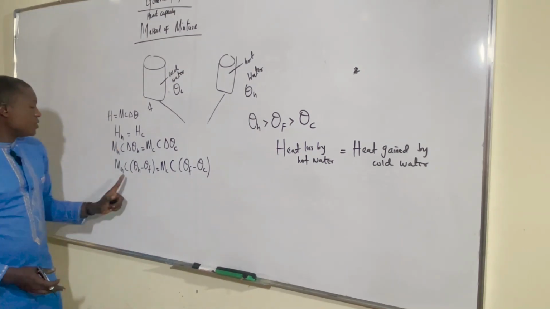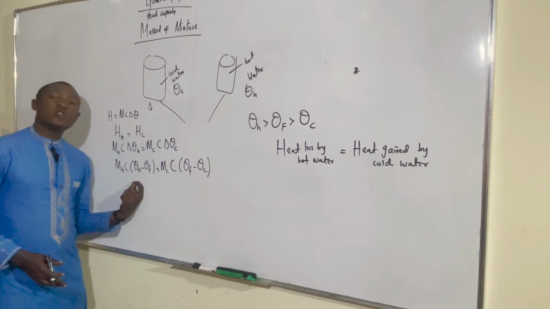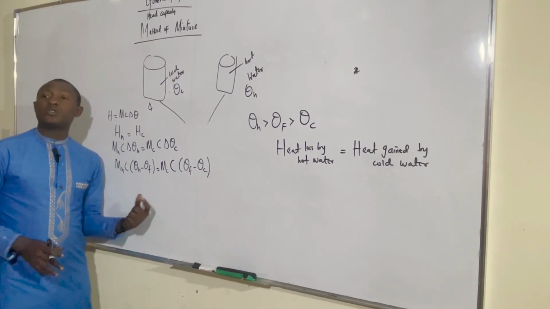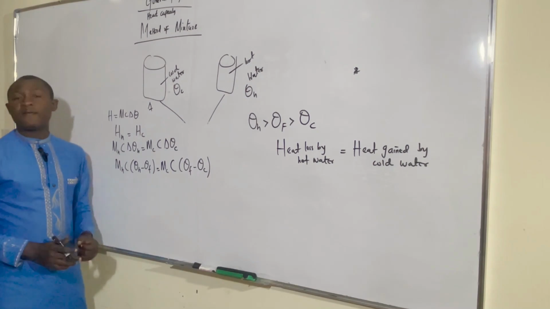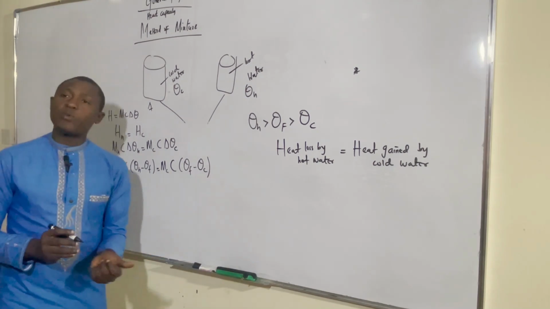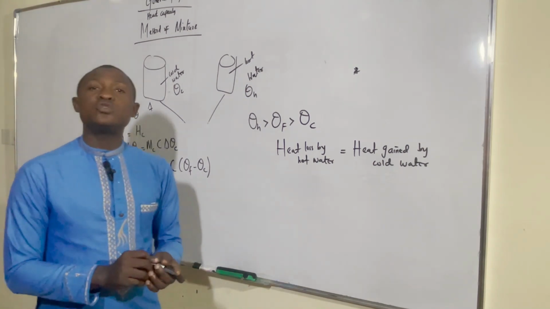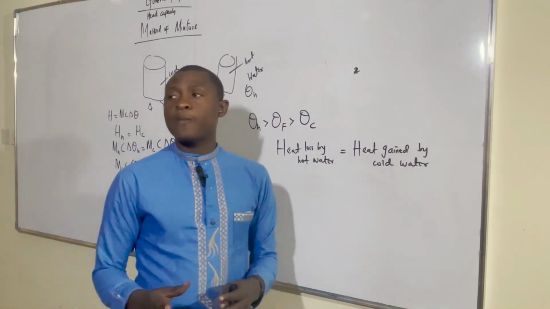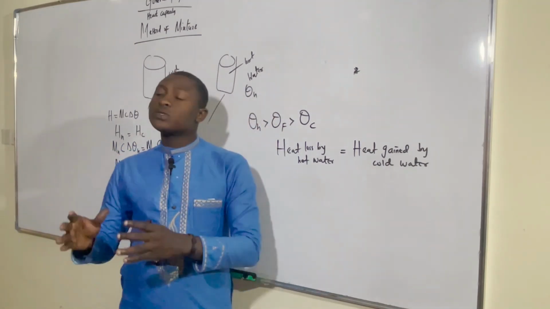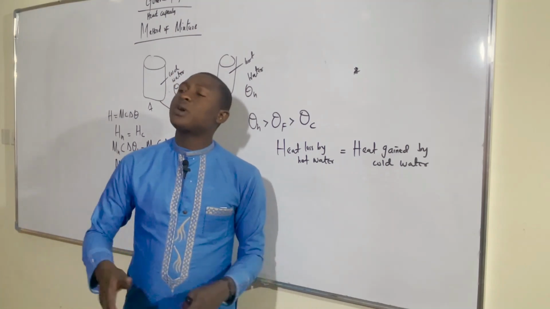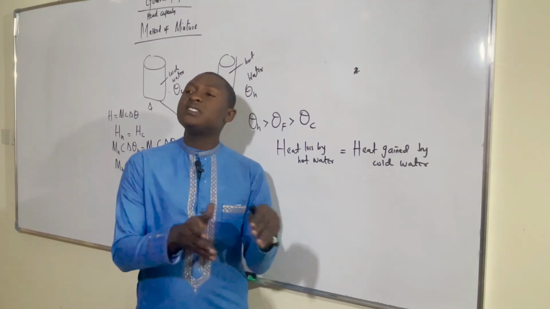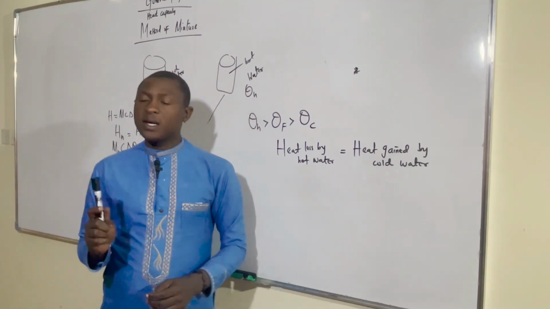So if you look at this one too, we have temperature of hot water minus final temperature, because the temperature of the hot water will be more than that of the final temperature. So if you are solving a problem, maybe we are comparing two objects or two substances, just look at the one that has the higher temperature and the one that has the lower temperature. The one with higher temperature will be losing heat to the one with lower temperature.